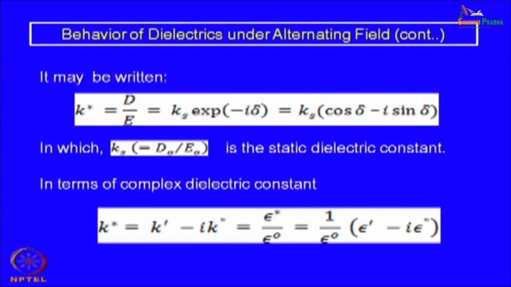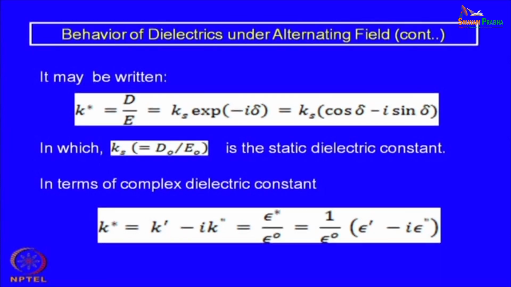So, it is k s exponential minus i delta, and that is equal to k s cos delta minus i sin delta. So, there are two different components, the real component and the imaginary component.